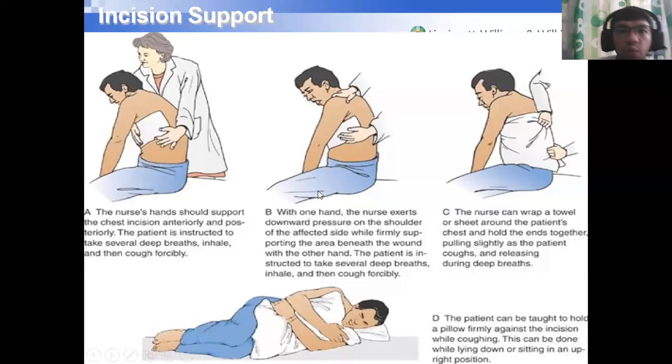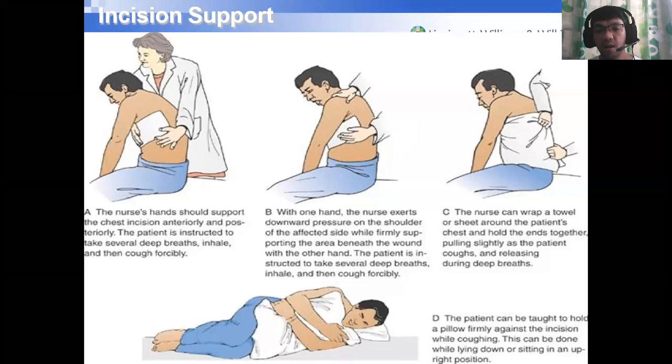One of the things that we can teach the patient regarding their incision site is in letter A, the nurse's hand should support the chest incision anteriorly and posteriorly, and the patient is instructed to take several deep breaths, inhale, and then cough forcibly. Then with one hand, the nurse exerts downward pressure on the affected site while firmly supporting the area beneath the wound.